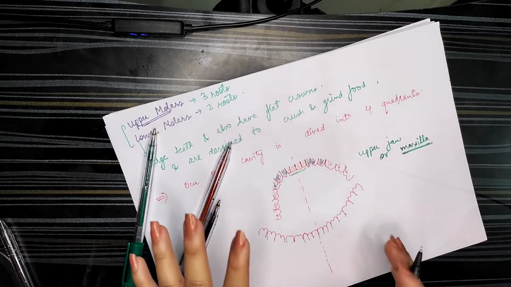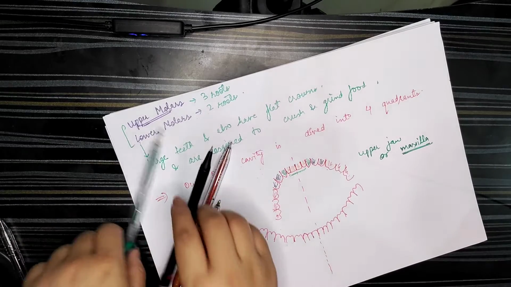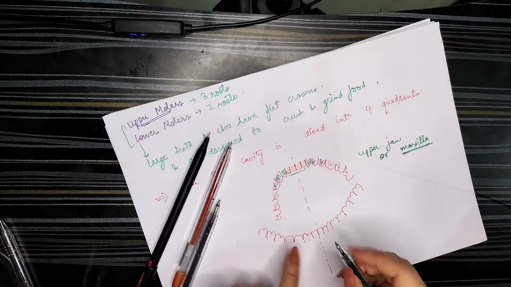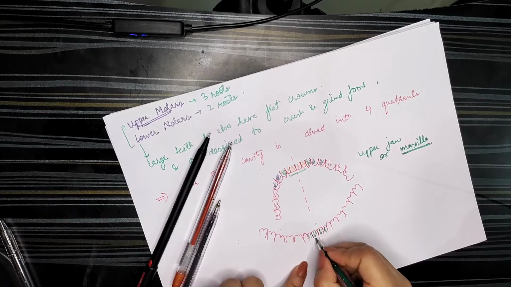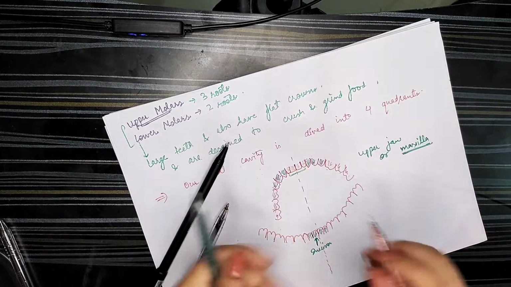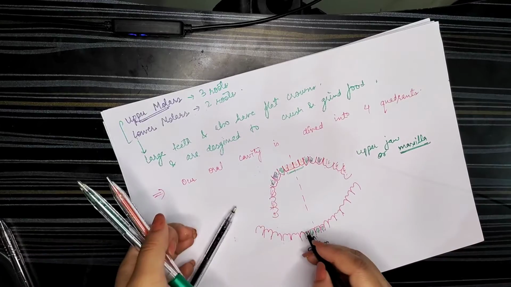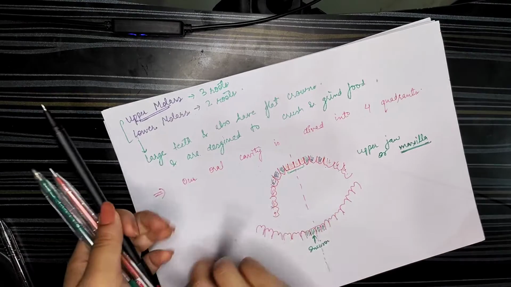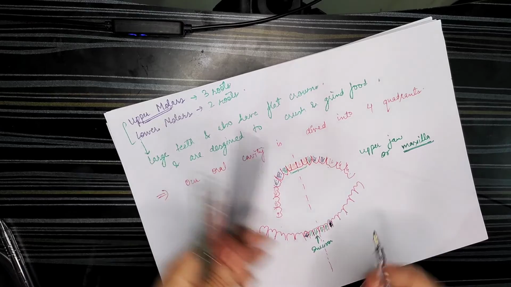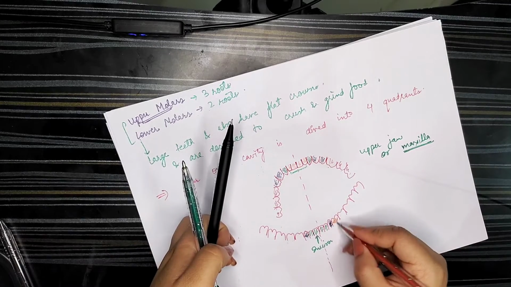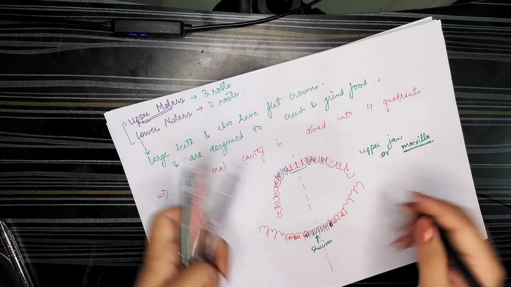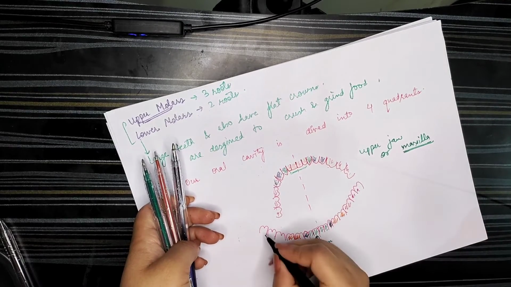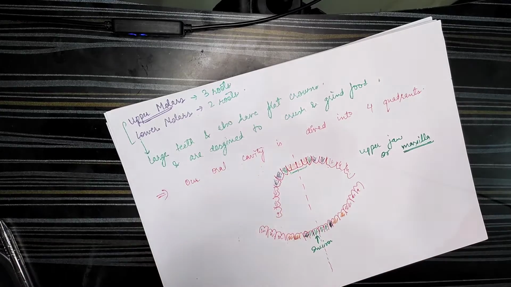Please guys, ignore the diagram, just understand what I am trying to tell you. So these 4 frontal teeth are incisors, this and this are canines, this and this are premolars, and these are molars.